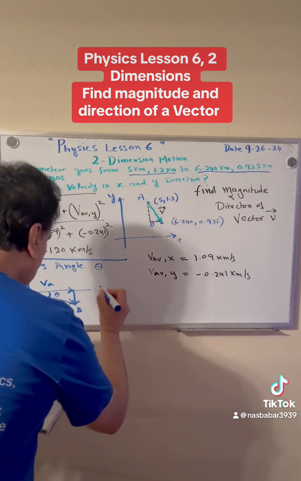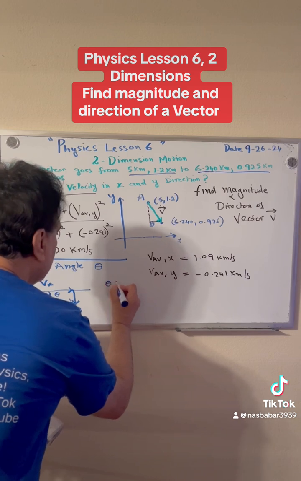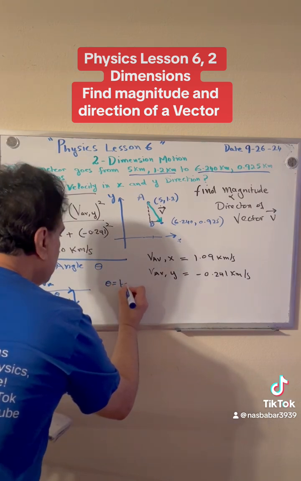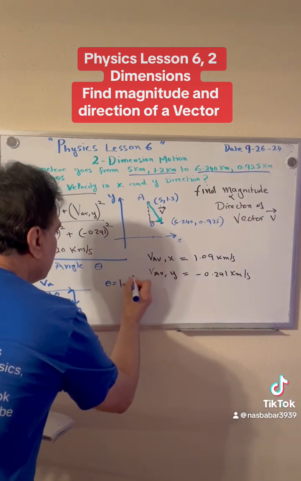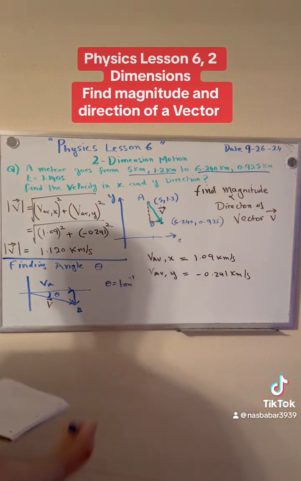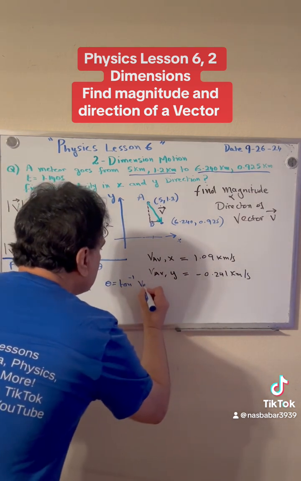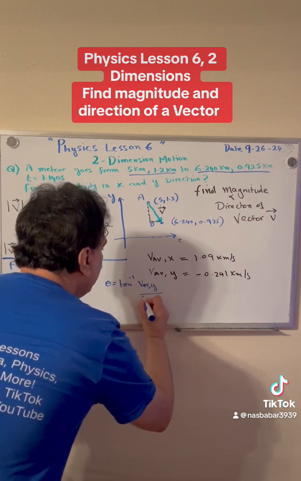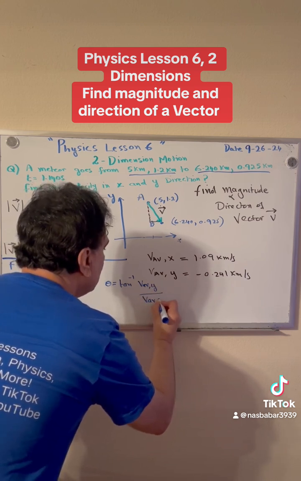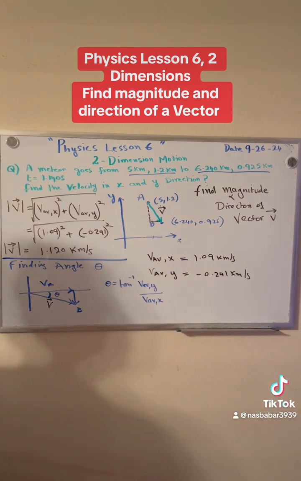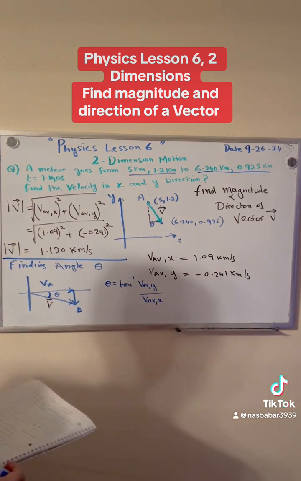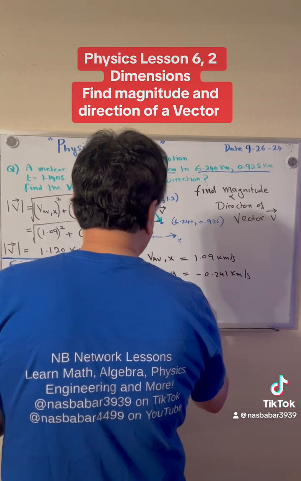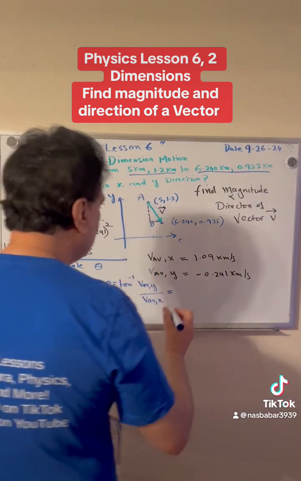As you know, theta is equal to tangent inverse of V average with respect to y over V average with respect to x. All right, simple as that. Now all you've got to do is plug in the values.